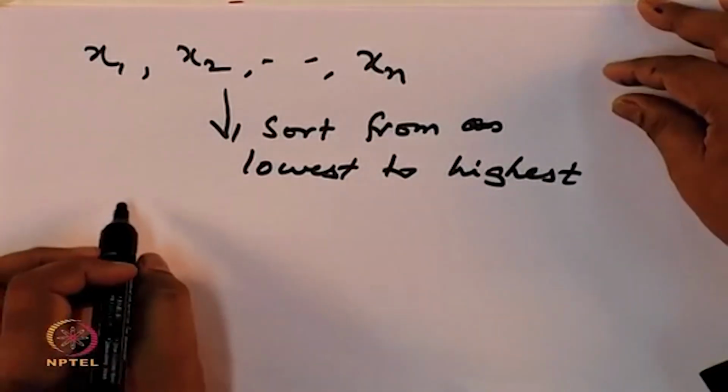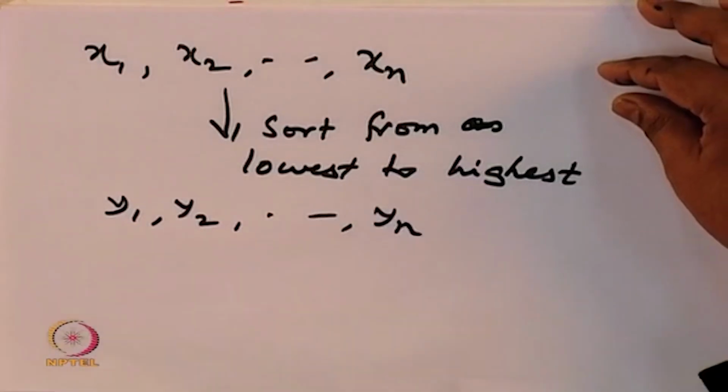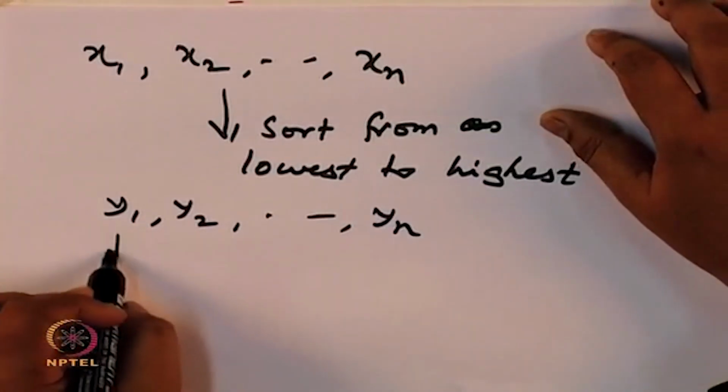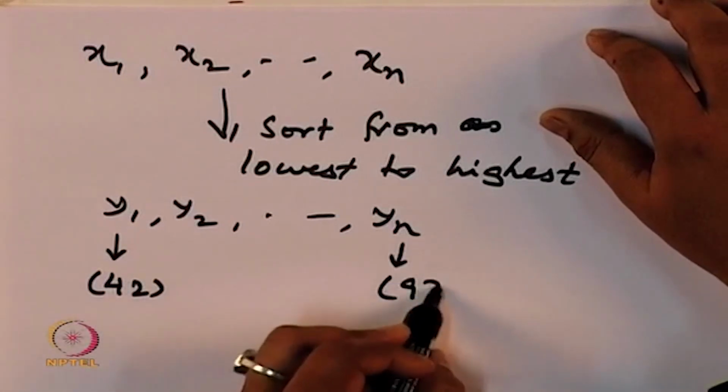Okay. And let us say we call that y1, y2, and so on up to yn. So, in our previous case y1 was roughly 42 and yn is roughly 93.